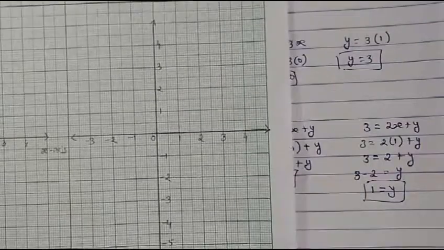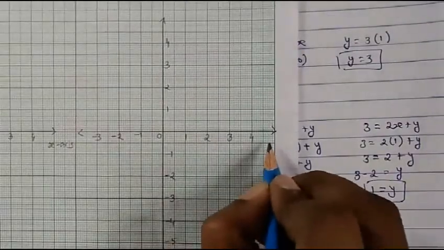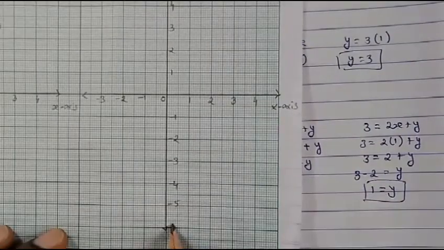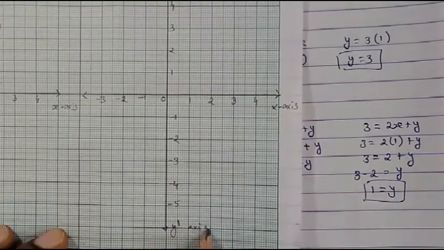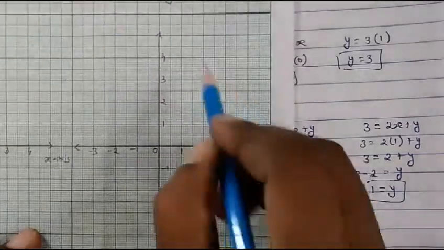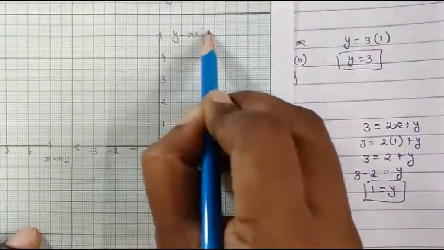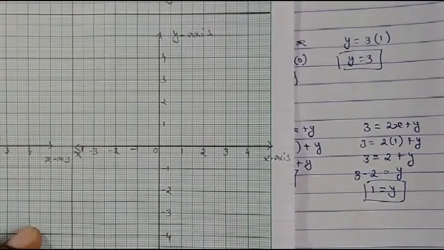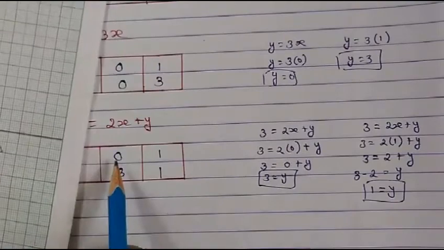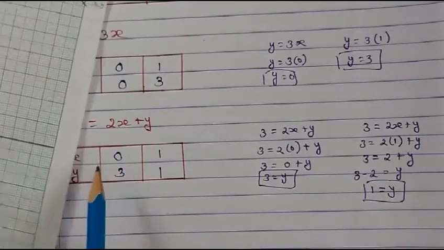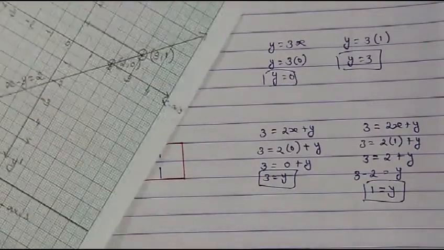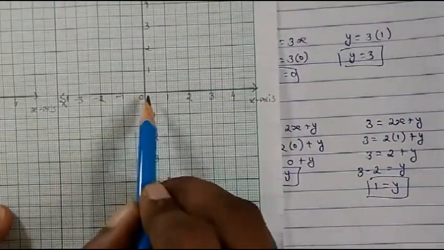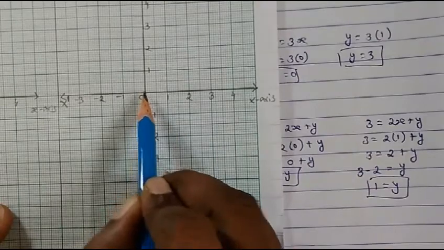So this is your x-axis. This is your y dash axis, this is your y-axis, and this is your x dash axis. Okay. So now what is the solution first? For x 0, y is 3. So let's do 0, 3. 0 on x here, then 3 on y.